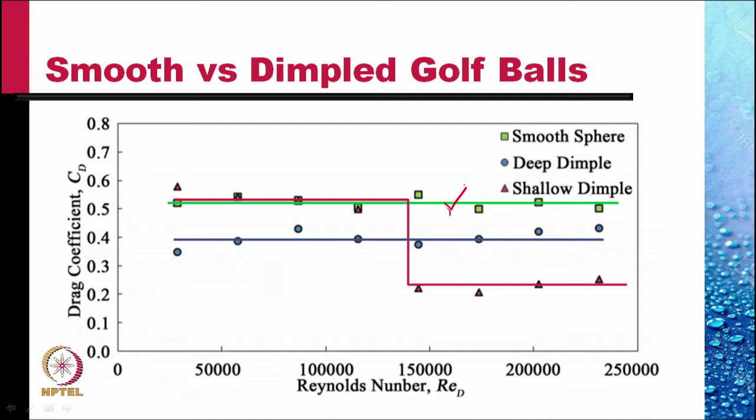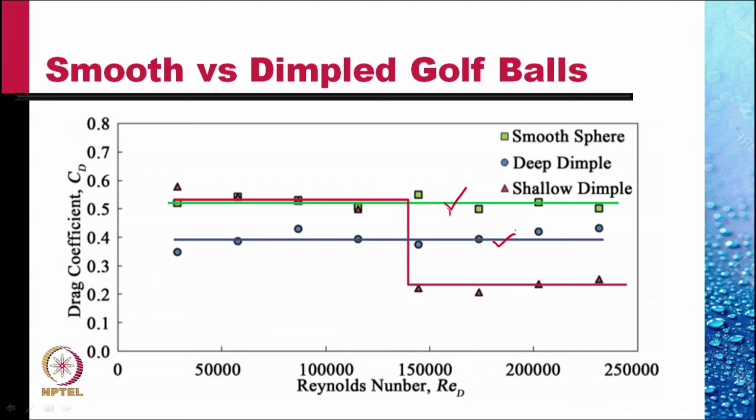So a smooth ball transition doesn't occur. CD remains high at about 0.5. A golf ball with deep dimples is the blue line. It appears that the transition has occurred below a Reynolds number of 50,000, 5 into 10 to the power 4, so that it's a lower CD almost everywhere.